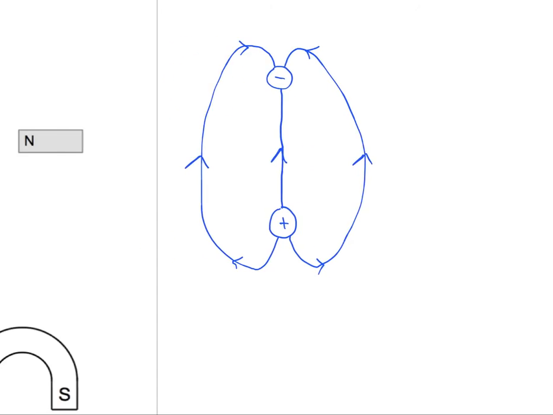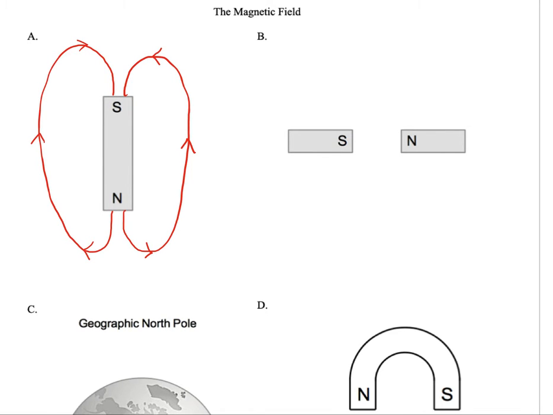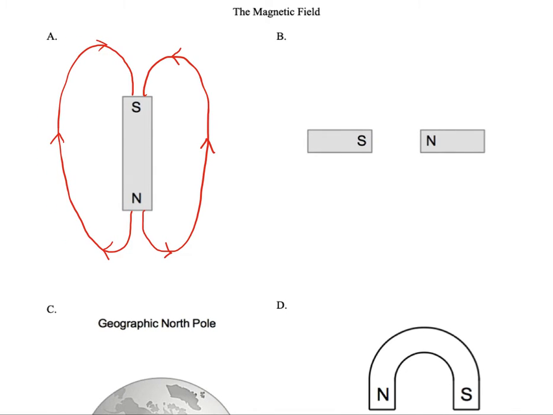But one place where magnetic field lines differ from electric ones is that magnetic field lines cannot end. So they don't just start at a north and end on a south. They have to form complete loops.